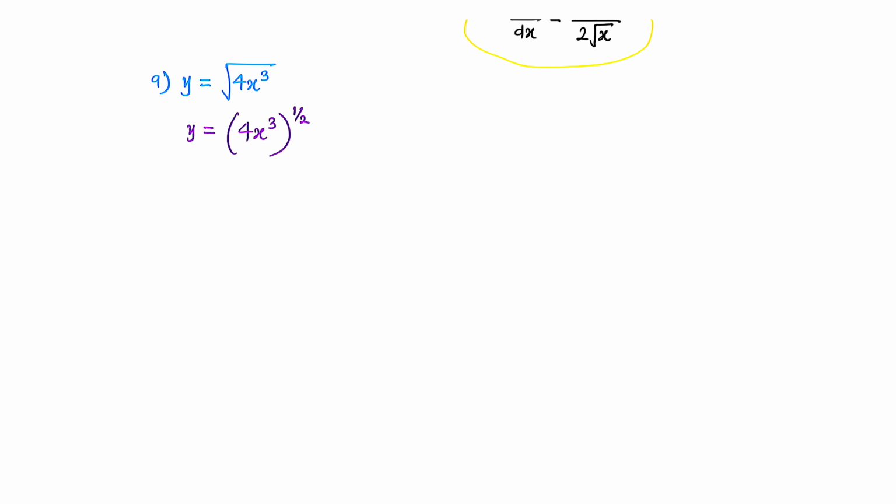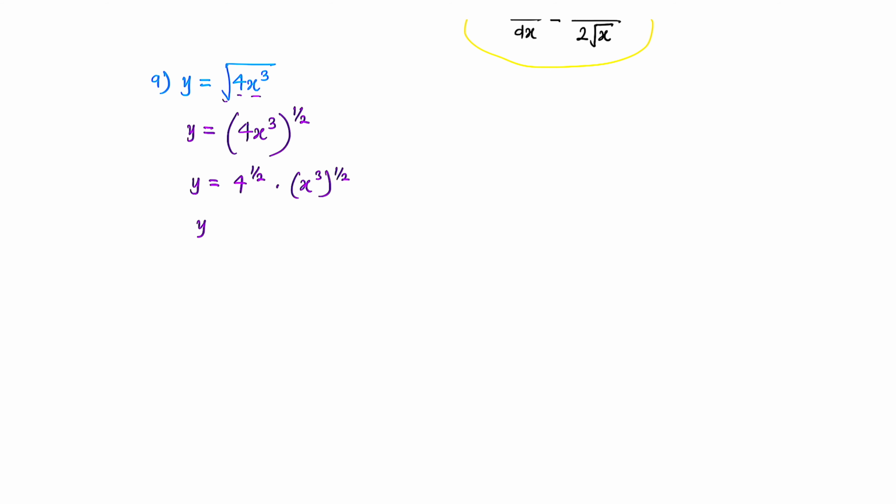Because the root is affecting both 4 and x cubed, when we remove the root and write it as an index, it has to affect all of the values. So y equals 4 raised to power 1 over 2 multiplied by x raised to power 3, 1 over 2. So each of them take the power.